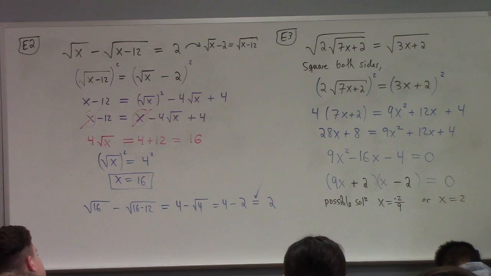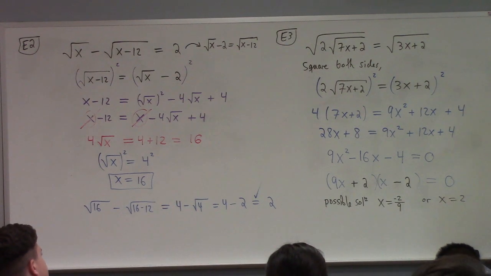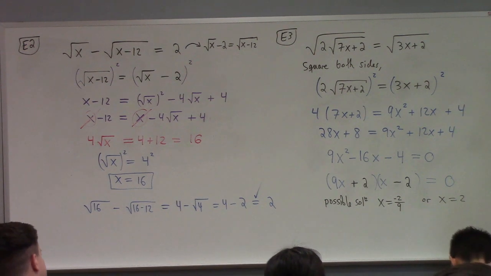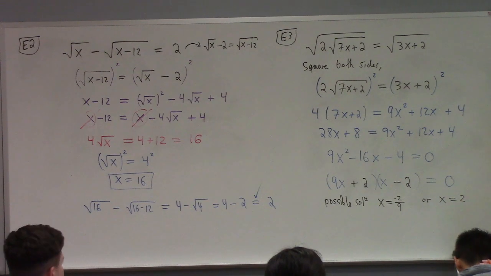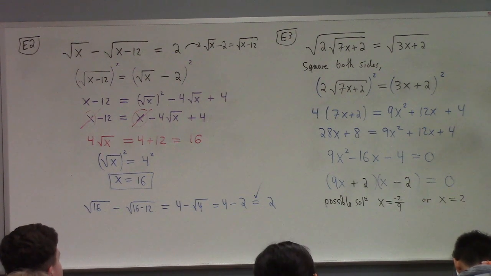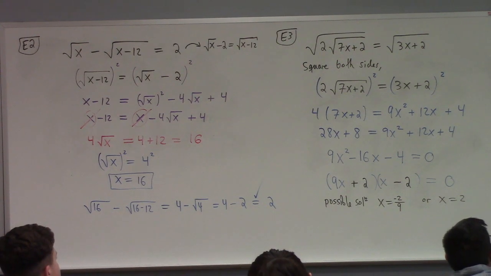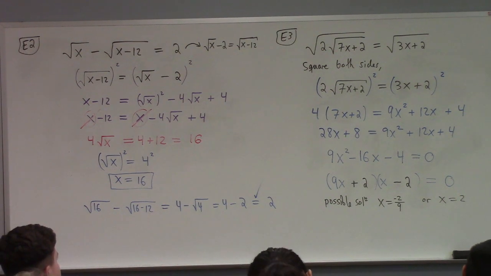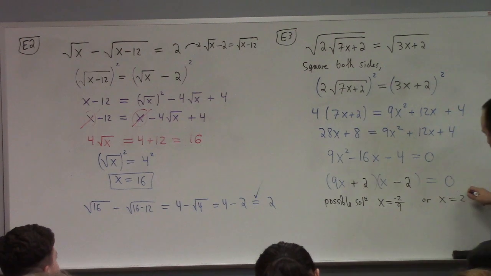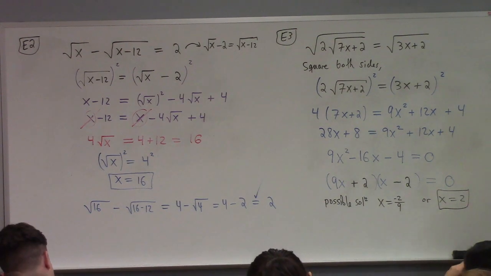So that is 2 times the square root of 16, and the square root of 16 is 4. So we get the square root of 8 from the left hand side. The right hand side, we've got the square root of 3 times 2 plus 2, also known as the square root of 8. All right, so definitely 2 is a solution. It works when we plug it back in.